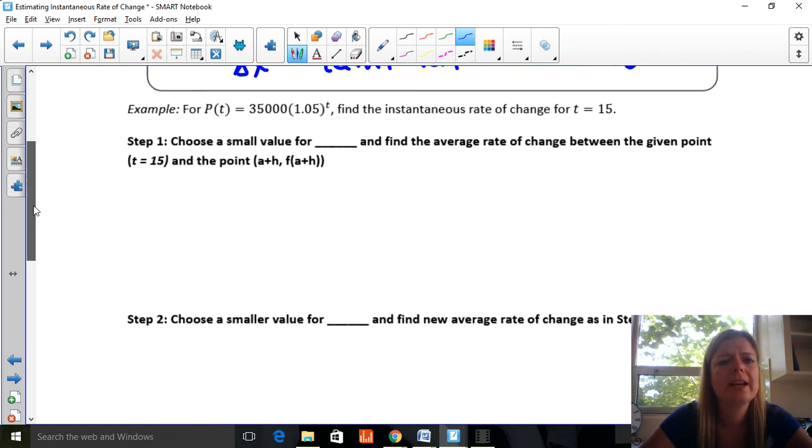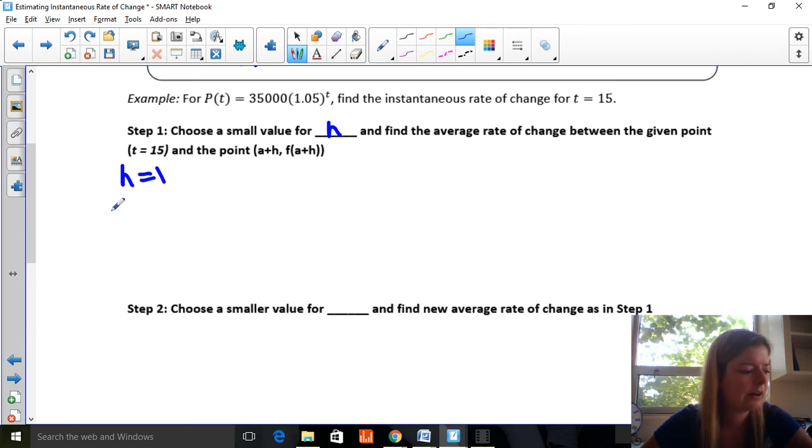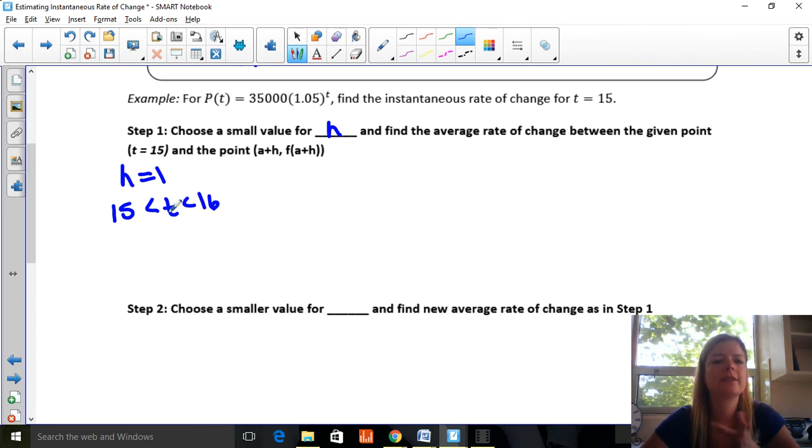All right, and we can take a look at what this looks like. So for P, we're going to use the same function, and I'll show you how to use it for this. So we use this, again, pick a very small value of h, and find the average rate of change between the given point and this new point. So if we start with h equals 1, then our interval is between 15 and 16. Again, we're not going 1 on either side, we're just going 1 in one direction.